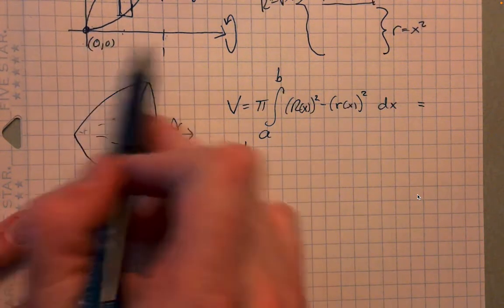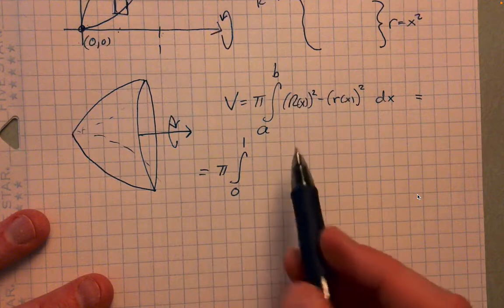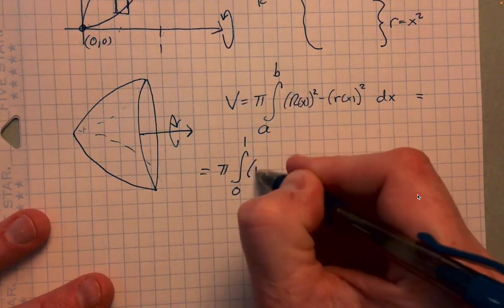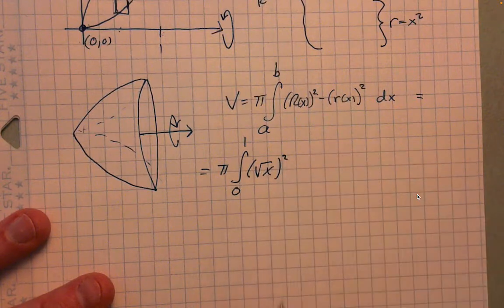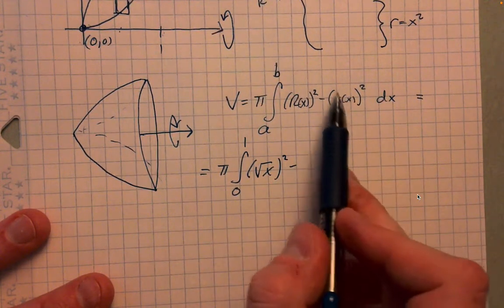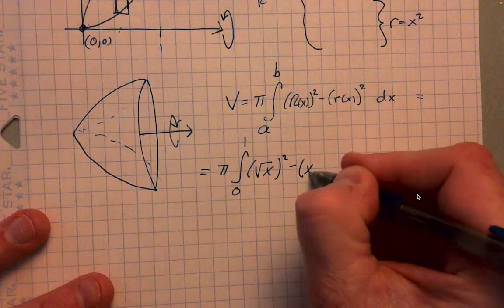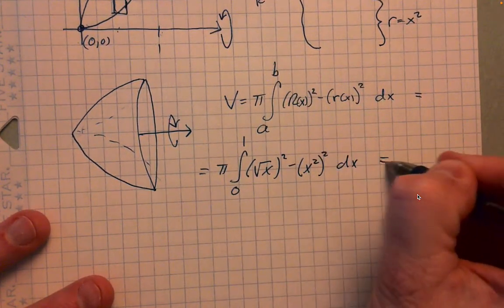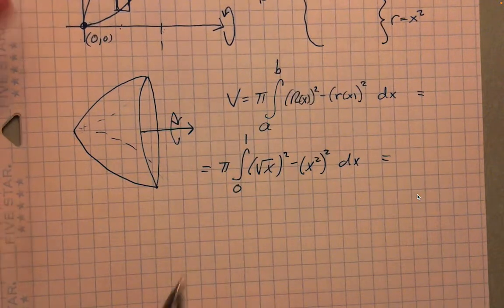Okay, along the x-axis here. The outer function is the square root of x, so we've got the square root of x squared. And the inner function is x squared, so we've got the inner function squared. And the whole thing is integrated with respect to x. So what do we get?